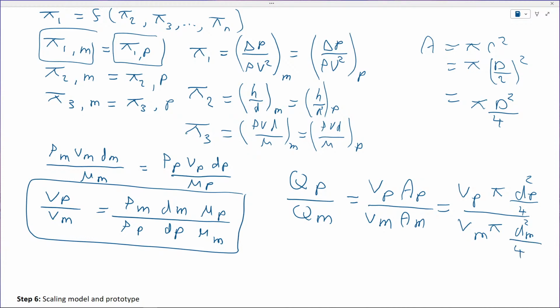So basically this will cancel with this. Here I get V P d P squared over V model d model squared. Do you agree?